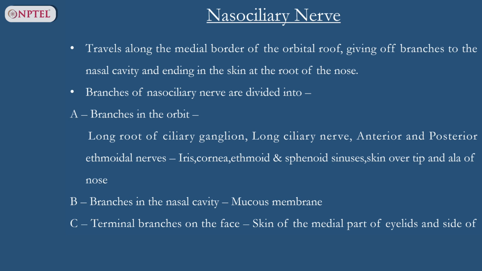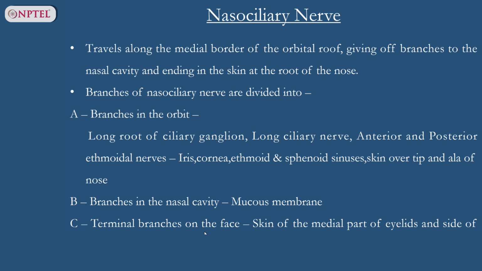The nasociliary nerve travels along the medial border of the orbital roof, giving off branches to the nasal cavity and ending in the skin at the root of the nose. The branches of the nasociliary nerve are divided into branches given within the orbit, branches given in the nasal cavity and terminal branches on the face.